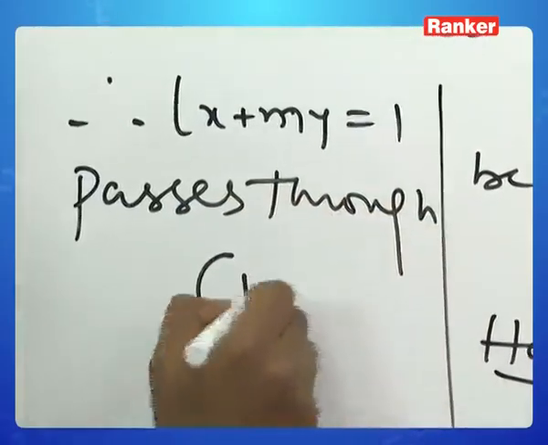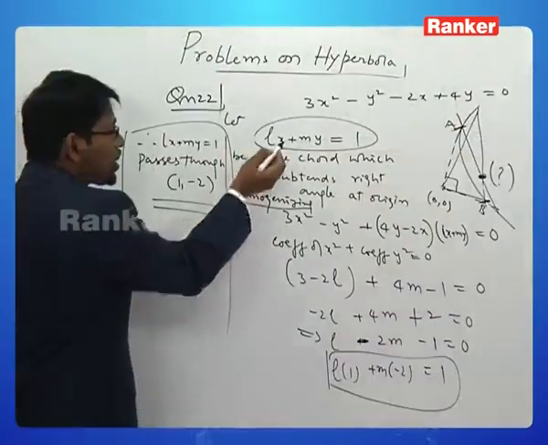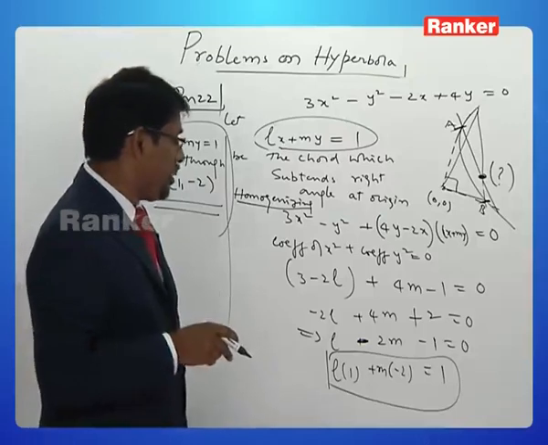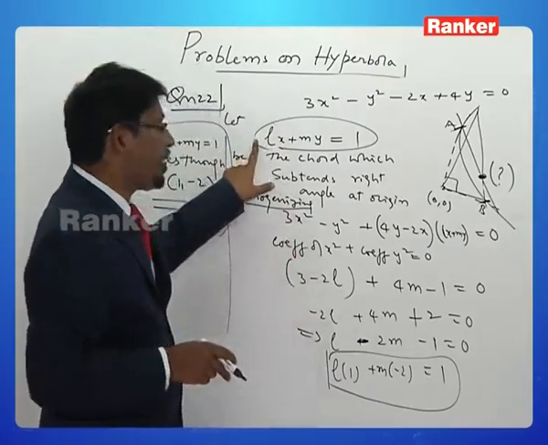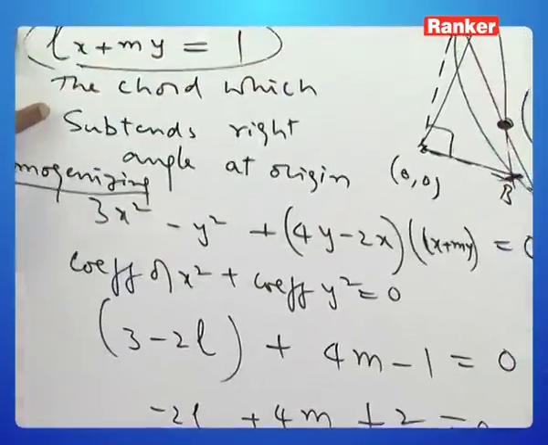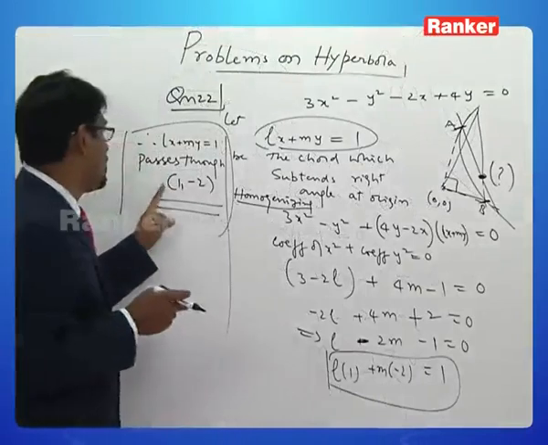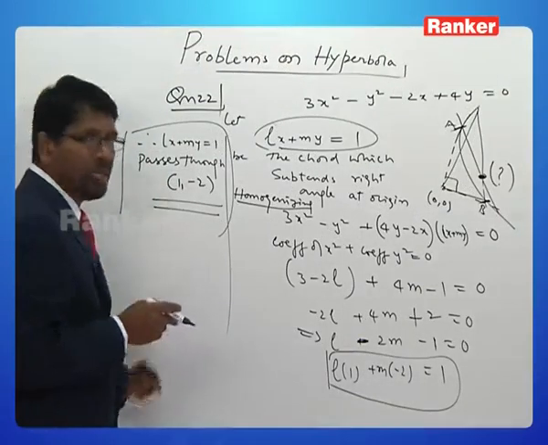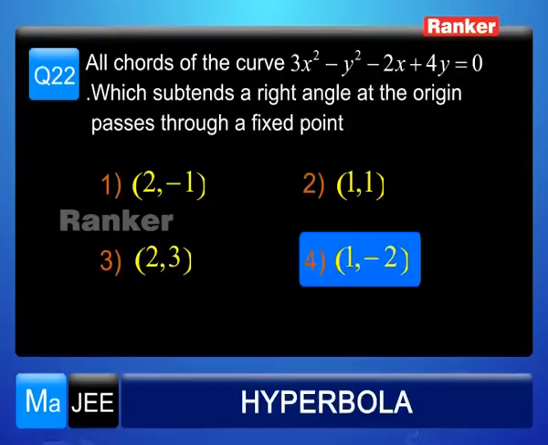All such chords which subtend a right angle at the origin satisfy this condition, and we are reinterpreting that condition, trying to match it with this line equation, and we find that the point through which this line passes is 1 comma minus 2. So option 4 is the right option.